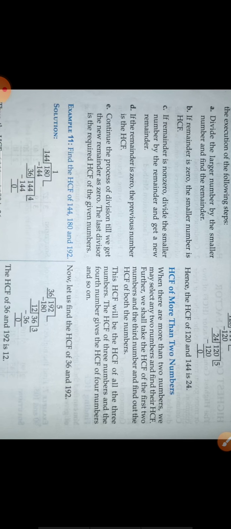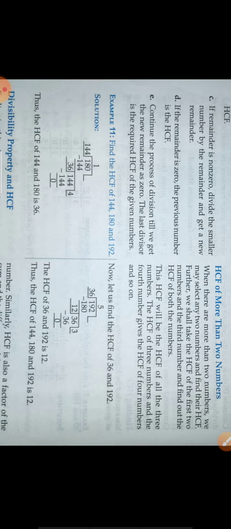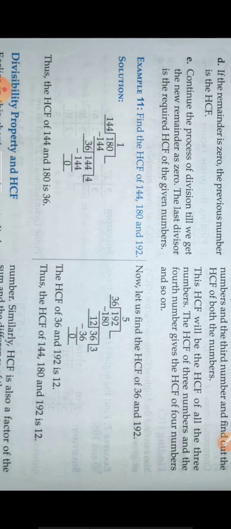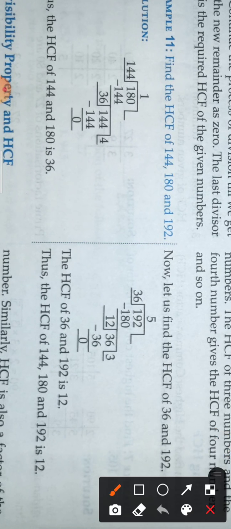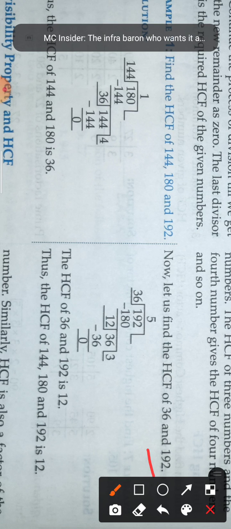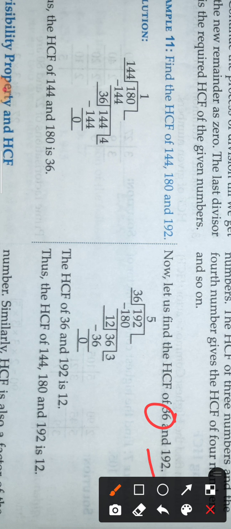Okay, so here one more example: we have to find out the HCF of 36 and 192. So which number is the larger number? 192. So we have to divide 192 by 36, because 36 is the smaller number. So 36 5s are 180, remainder is 12.